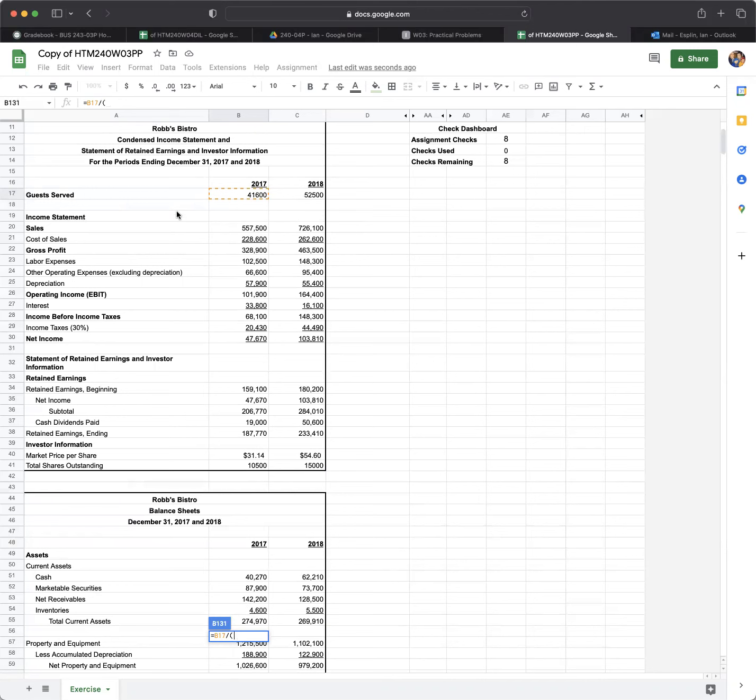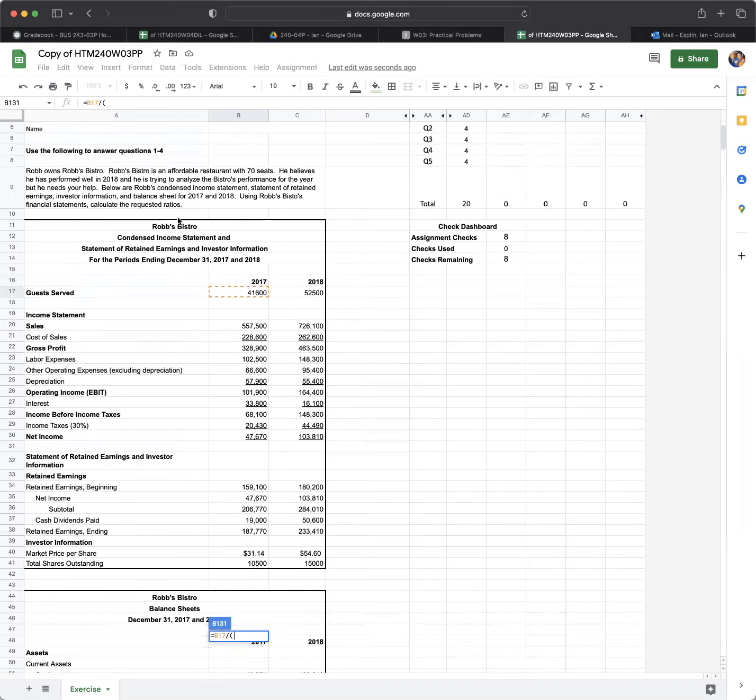Now this is the part that I think people get tricked on. You have to look at the instructions. We know that they have 70 seats, so there's 70 seats times 365 days. What it's saying is we served this many people, but we have to divide it by how many people we could have served total. And the most we could have served was 70 people times 365.